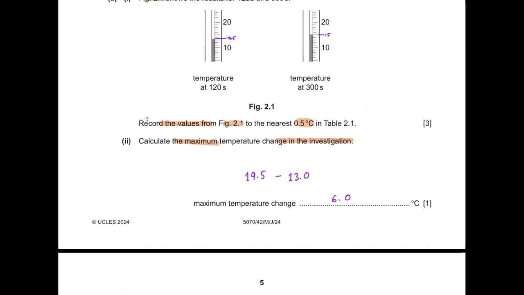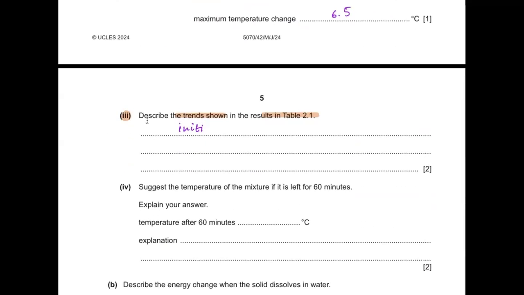So it's 13. 19.5 minus 13 is 6.5. Thank you, Abdullah. So, okay. Initially, the temperature decreases and then it increases. Okay. Now, next part.